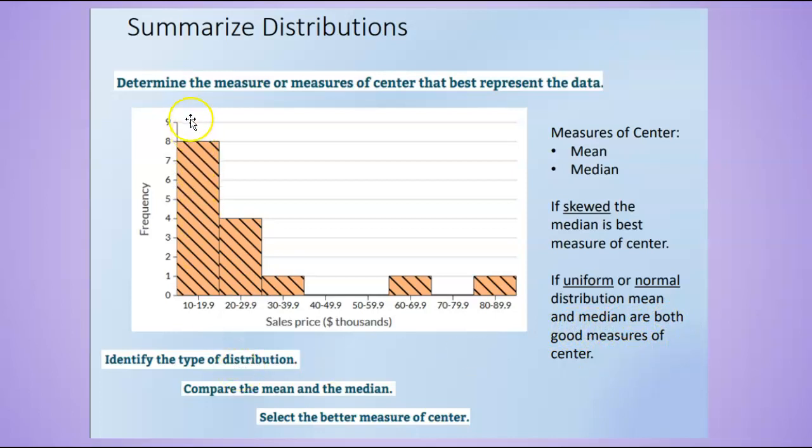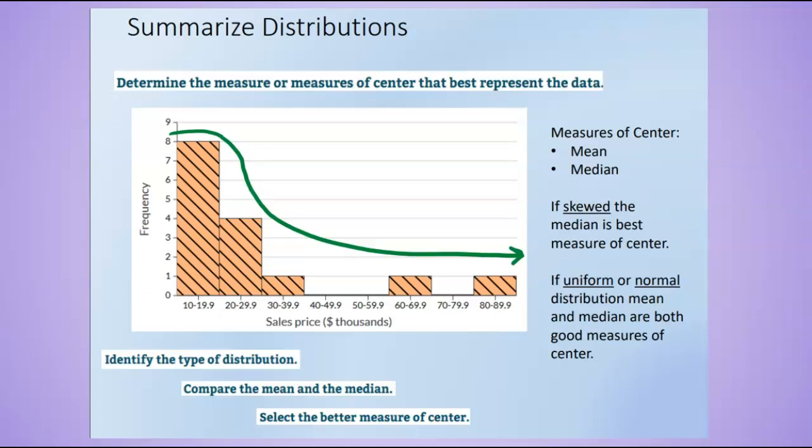So the first thing I want to do is determine what the shape of the graph is. Is it skewed, or is it uniform or normal? Well, I like to mark my curve because that helps me see what exactly my data looks like. Look at that.